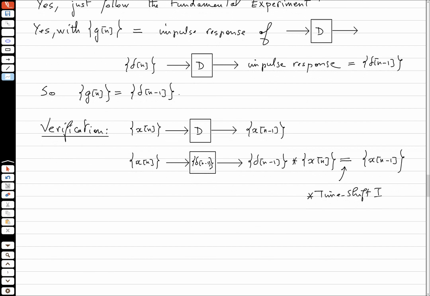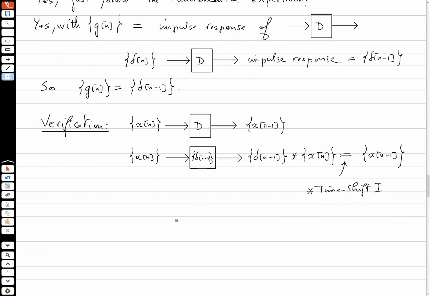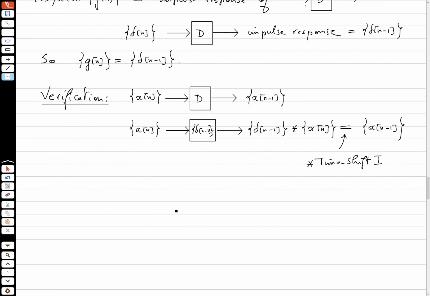So this is one LTI system you can make in the lab. The next one is the scalar, or multiplier if you want.